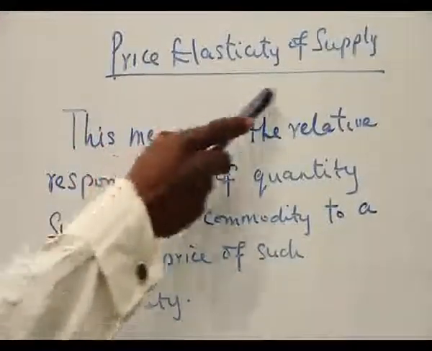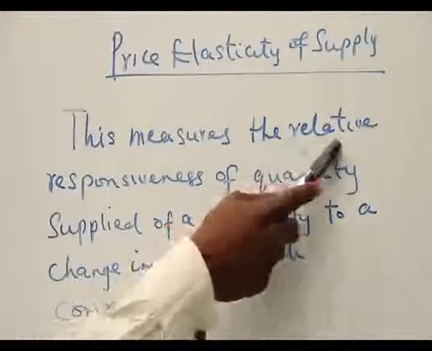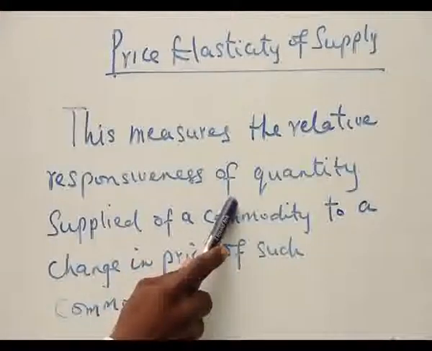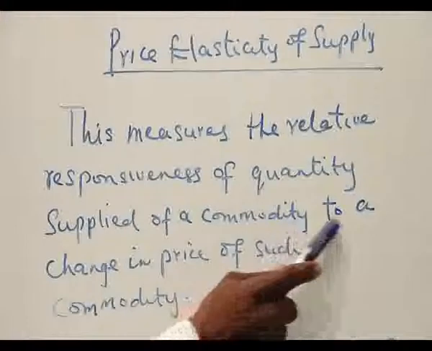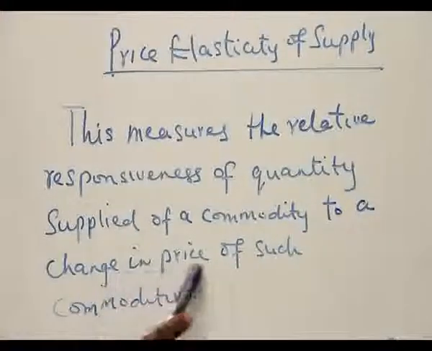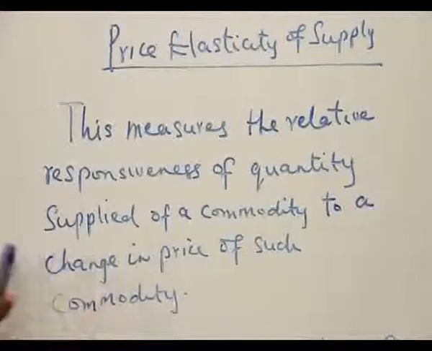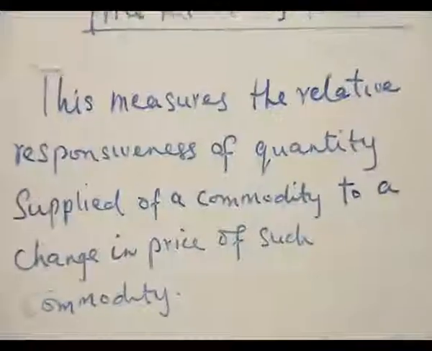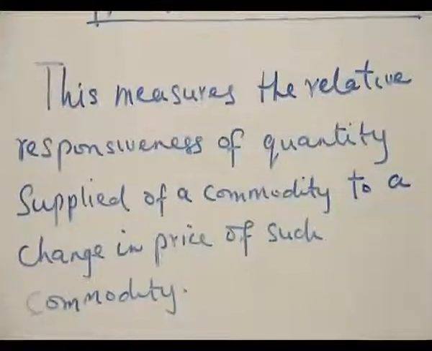Price elasticity of supply measures the relative responsiveness of quantity supplied of a commodity to a change in price of such commodity. In price elasticity of supply, we are trying to look at the response that quantity supplied will have when there is a change in price of the commodity.